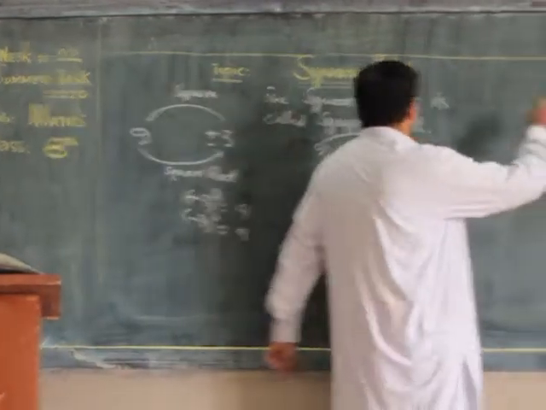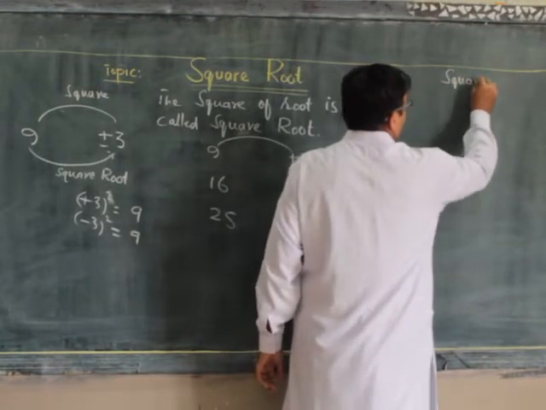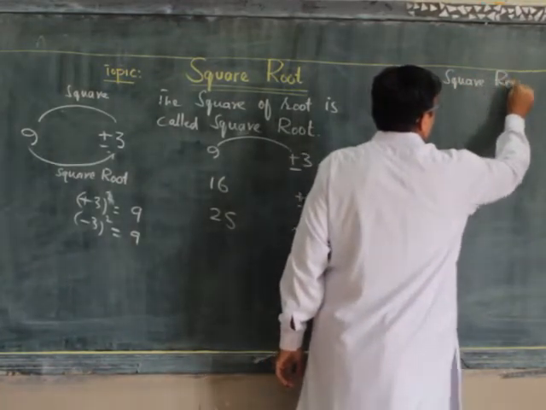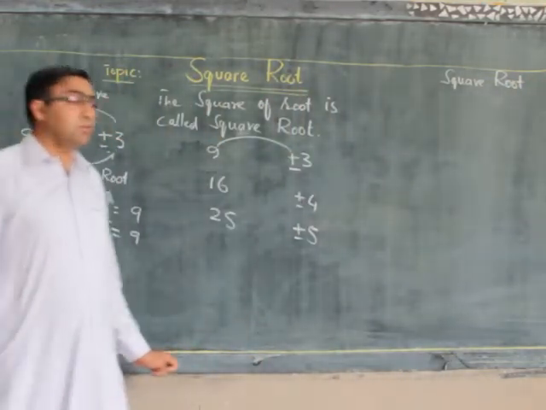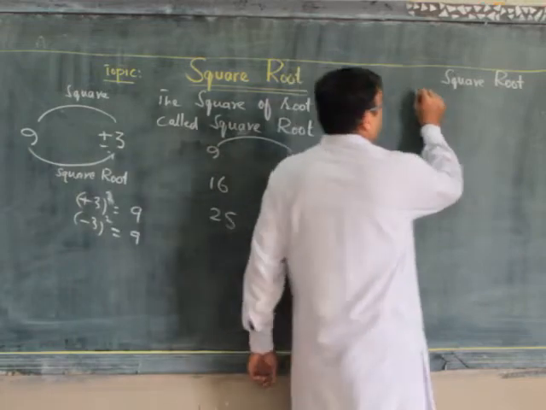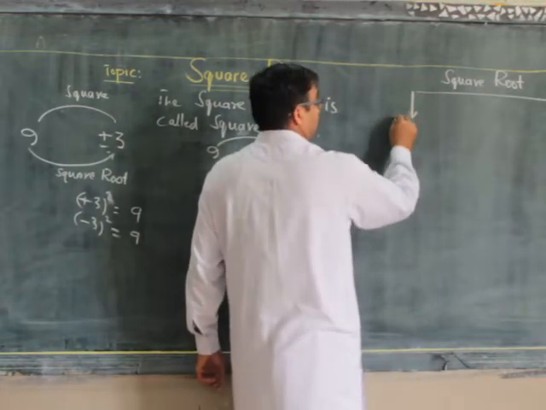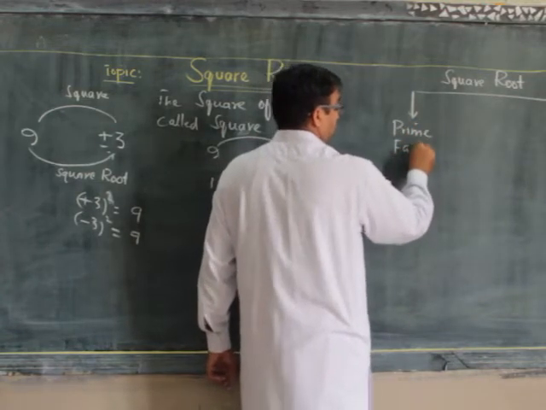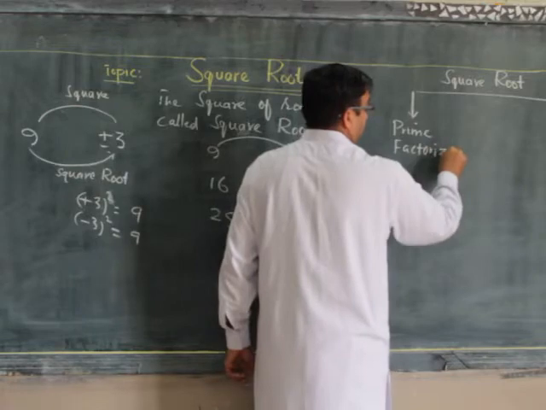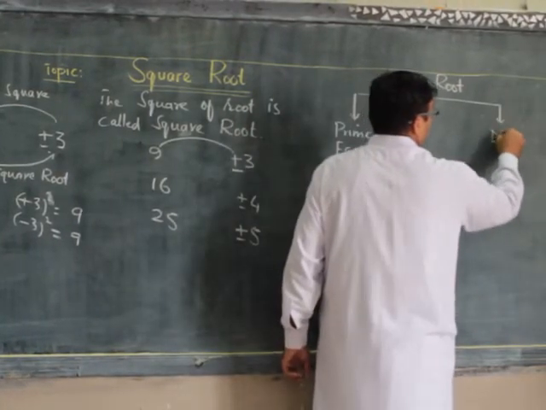Now we are discussing how to find the square root of a number. Basically, there are two famous methods to find the square root of a number. That is by prime factorization and the second one is division.